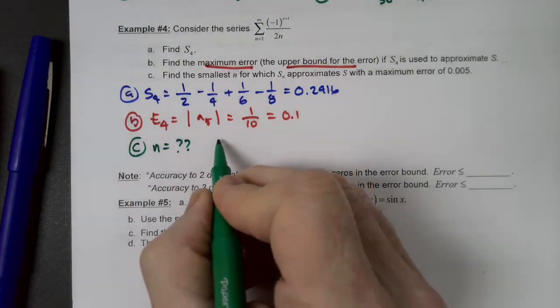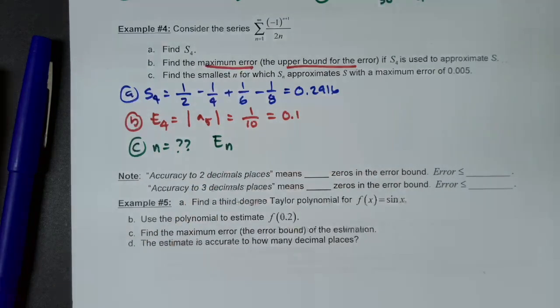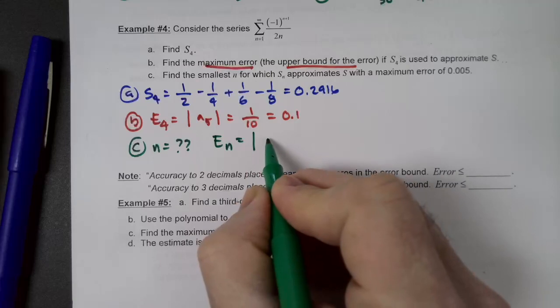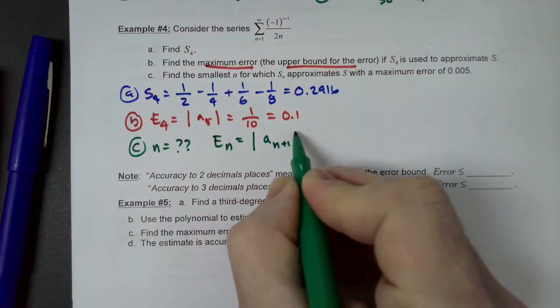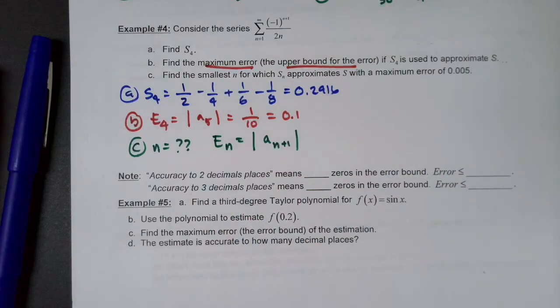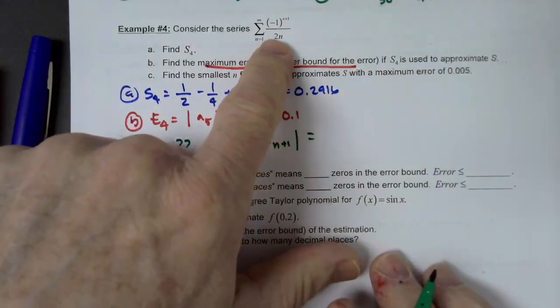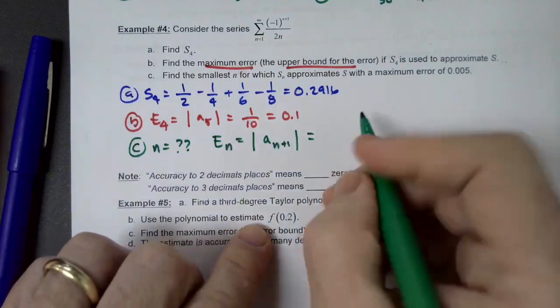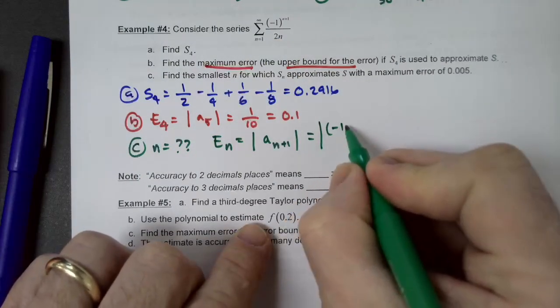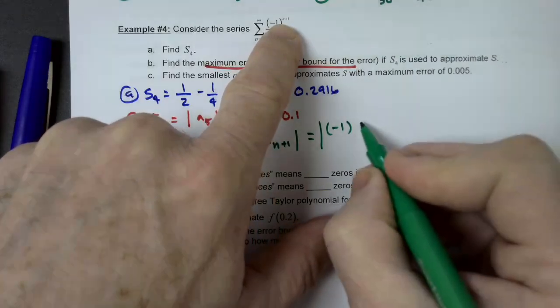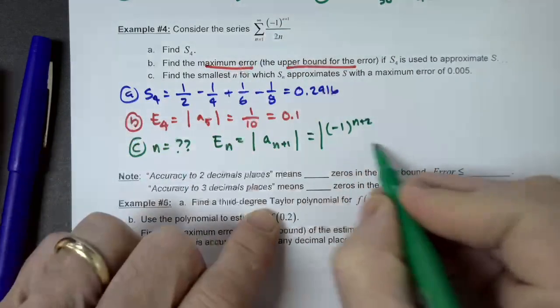Well, remember, our error of the nth partial sum will always be the n plus 1 term. Well, we know how to get the n plus 1 term because we've got the formula up here, right? It will be the absolute value of -1, n plus 1 would be n plus 2 here.